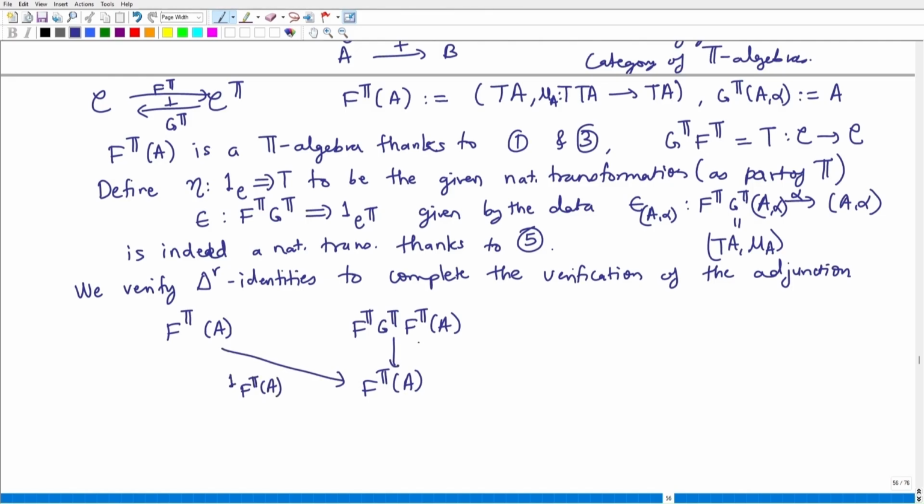Then this is epsilon sub F_T A, and horizontally we have F_T eta A. Okay, why does this diagram commute?